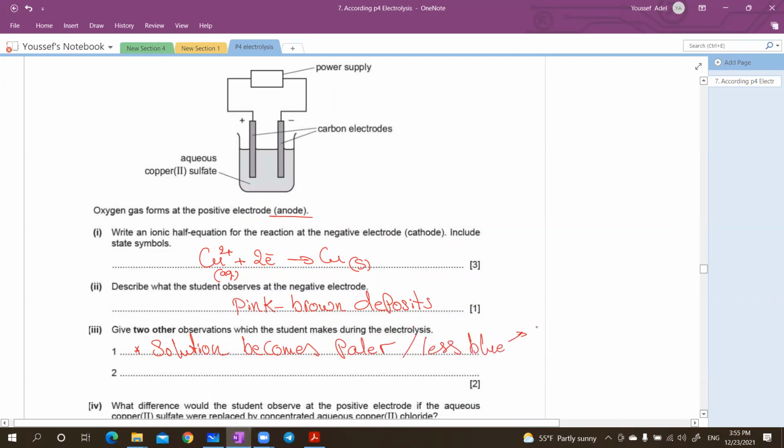And we know that this happens because the concentration of copper ions drops as they are removed but not replaced. The second observation is that there is bubbling at the anode because we have hydroxide ions that will be discharged at the anode. So there is bubbling, or bubbles, at the anode.